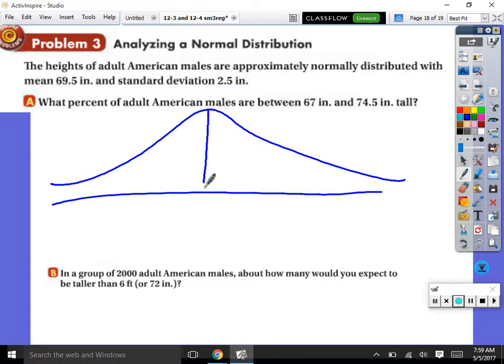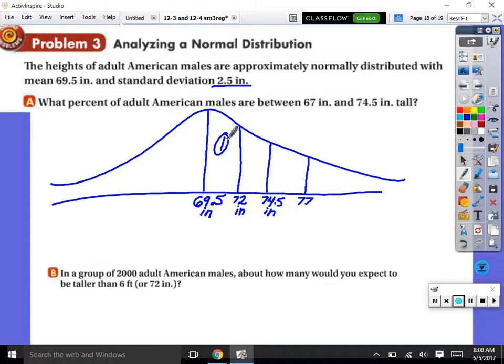So our mean is 69.5 inches. And then one standard deviation is, it says, 2.5 inches. So everybody start adding 2.5, add 2.5, give me these above. Let's just get this written out. Right here. 72 inches, okay.